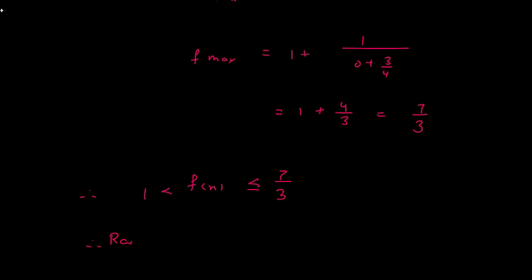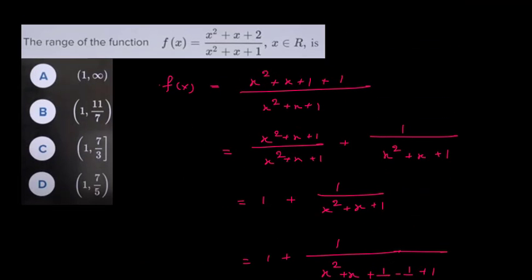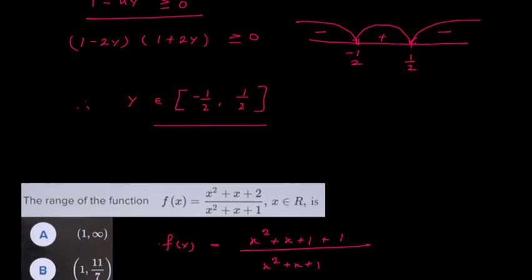So therefore your range is between 1 and 7/3. Now 7/3 is included, so you have to include 7/3. So option C is your correct answer.